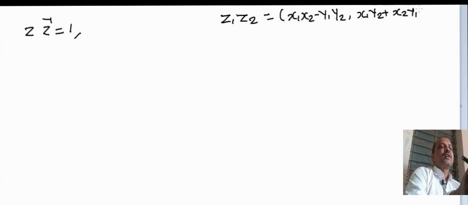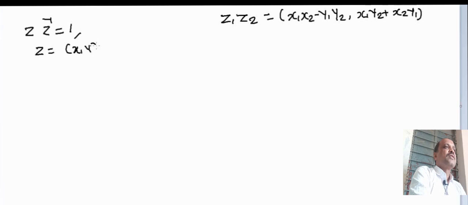This is my multiplication. Now, let us denote z by (x, y) and suppose z inverse is (u, v). Then z into z inverse equals (x, y) into (u, v).